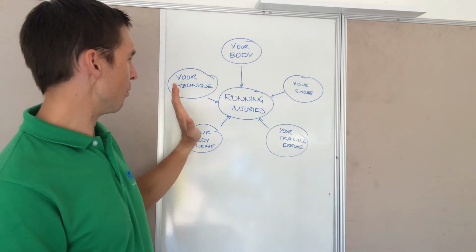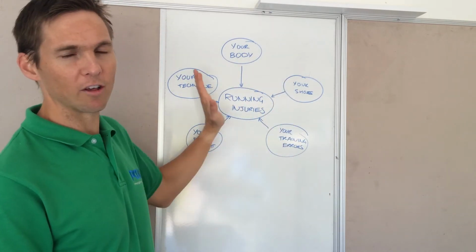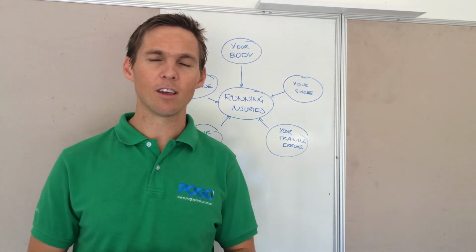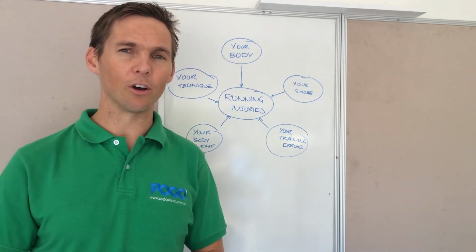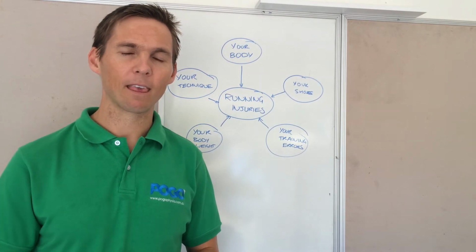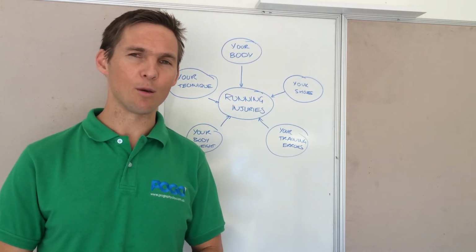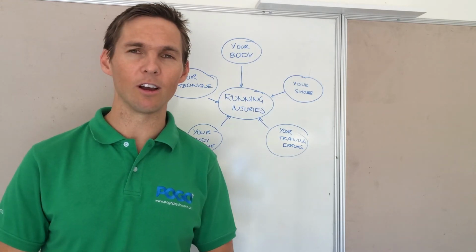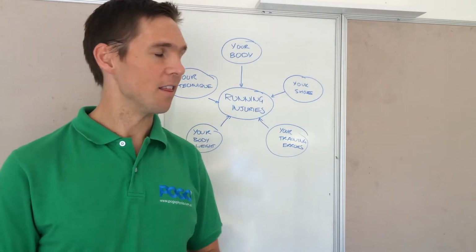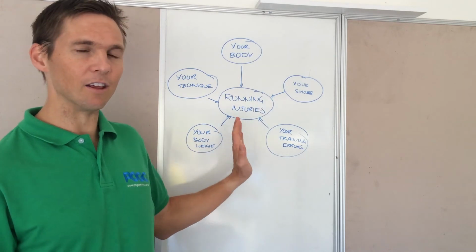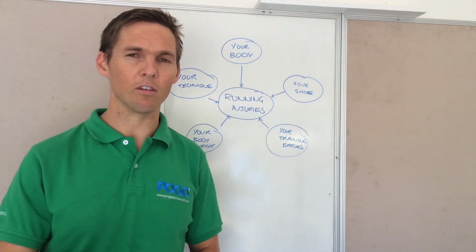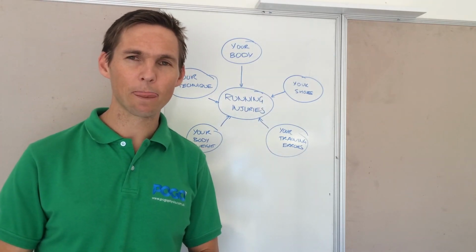If you're recovering from running injuries and you're not addressing these 5 common causes, then you potentially will not get a complete outcome. If, on the other hand, you're just simply looking to take out insurance, as I like to say, to not get injured, then you too need to heed these 5 causes of running injuries.